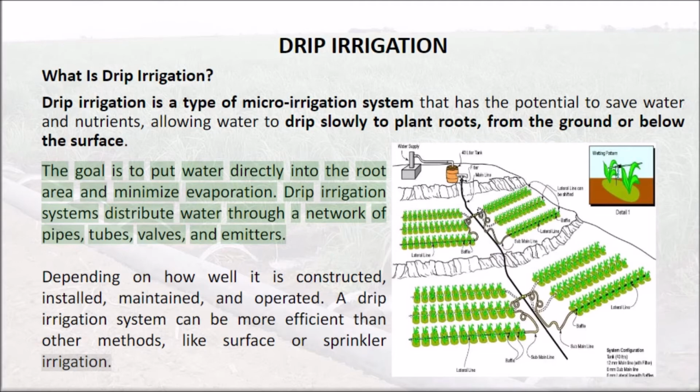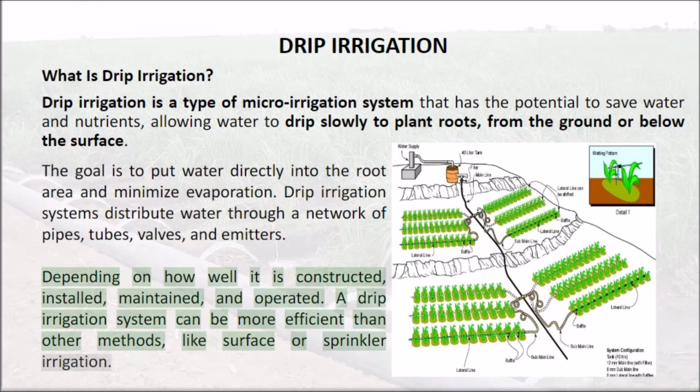Drip irrigation systems distribute water through a network of pipes, tubes, valves, and emitters. Depending on how well it is constructed, installed, maintained, and operated, a drip irrigation system can be more efficient than other methods, like surface or sprinkler.